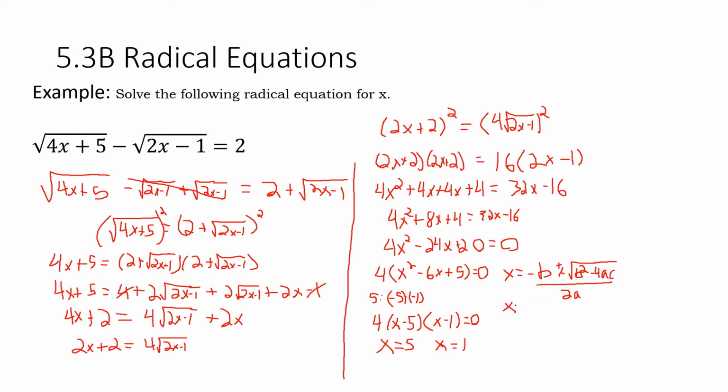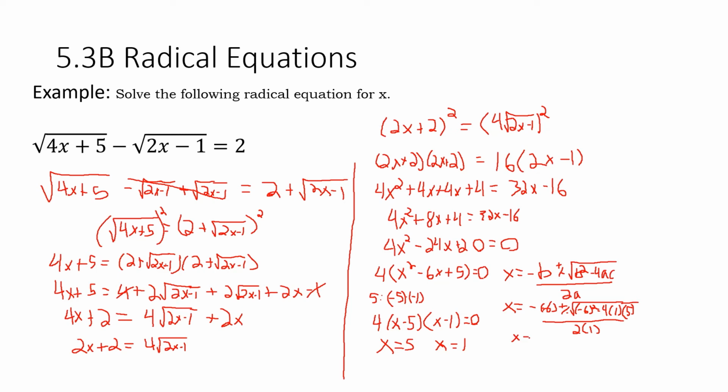So x is equal to negative of negative 6 plus minus the square root of negative 6 squared minus 4 times 1 times 5, all over 2 times 1.